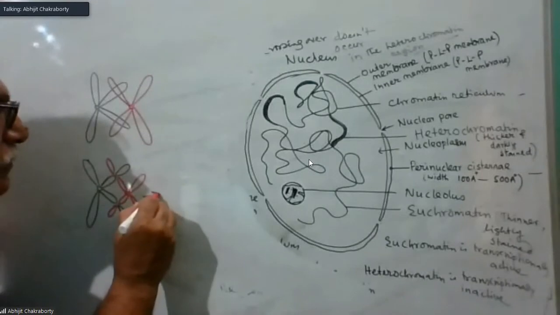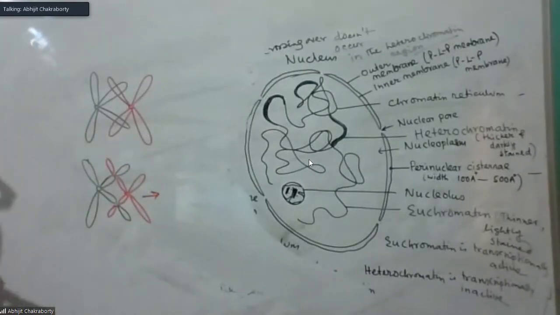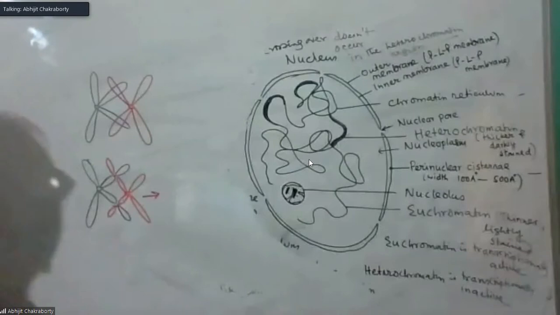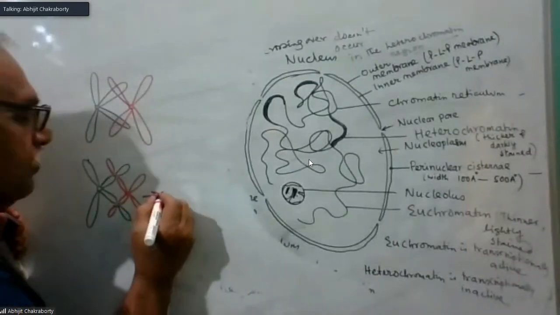Then exchange of chromatin material takes place between the homologous chromosomal pair. Look.